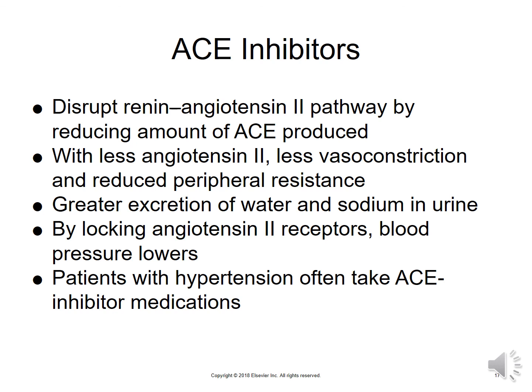So patients with hypertension often take ACE inhibitor medication. Again, you don't have to memorize that chart. Just be familiar with the words on it and the final outcome and kind of know that this is how ACE inhibitors reduce blood pressure.